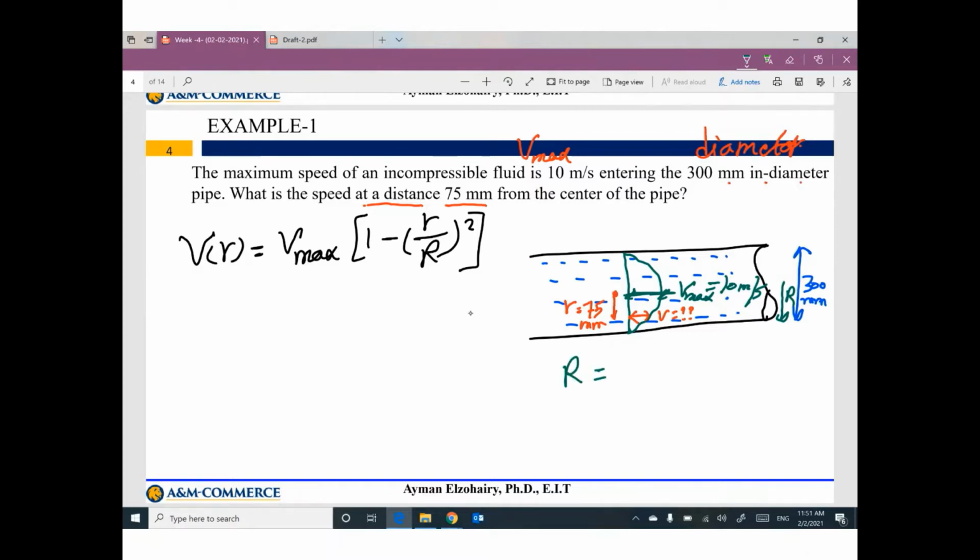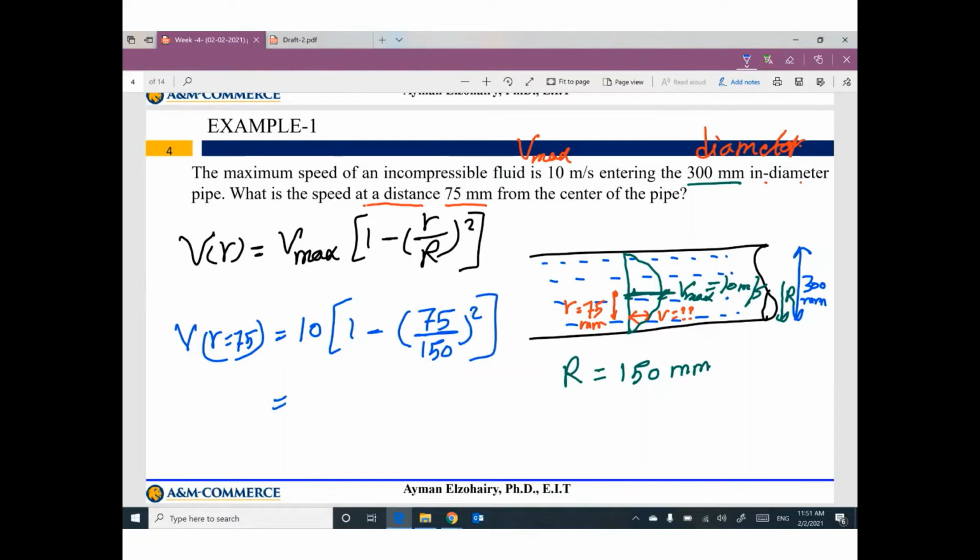The diameter is given as 300. That means the radius will be 150 millimeter. So the velocity at r equal 75 equals V maximum, 10 meter per second, times (1 minus small r 75 over capital R 150) all squared.